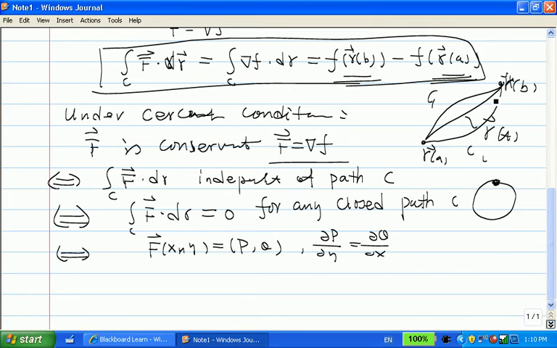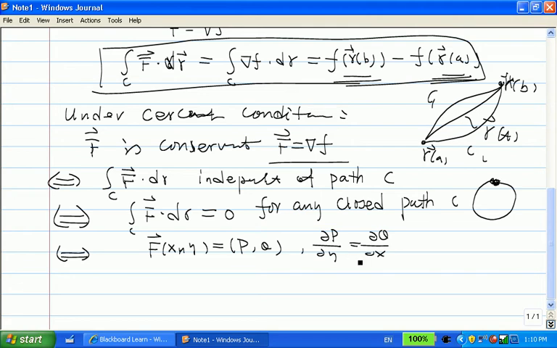Then you are done. So this means for this line integral, which curve you go along does not matter, as long as they have the same starting and ending points, then this line integral will be the same. Which is equivalent to saying your curve is closed. That means your starting point and end point are the same point. Therefore, this line integral would give you 0.